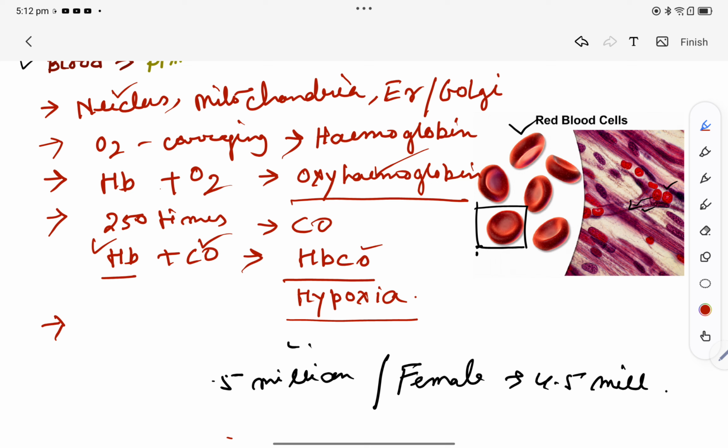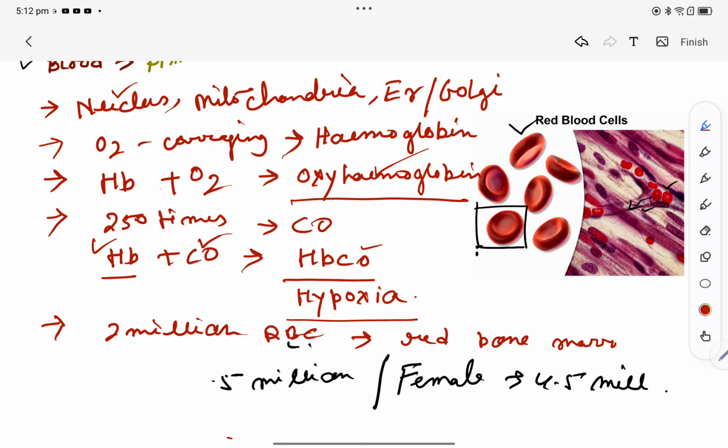Now I'm going to share a few more facts about RBCs. 2 million RBCs are formed in our red bone marrow.